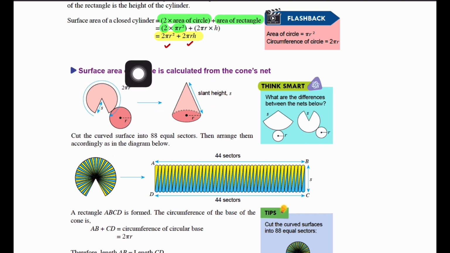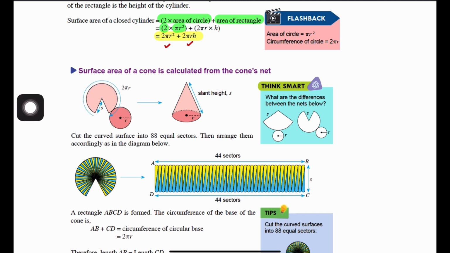So, kalau kita buka cone, if we net the cone, you will have something like this, where this is the bottom of the cone, and this is the curved area of the cone.